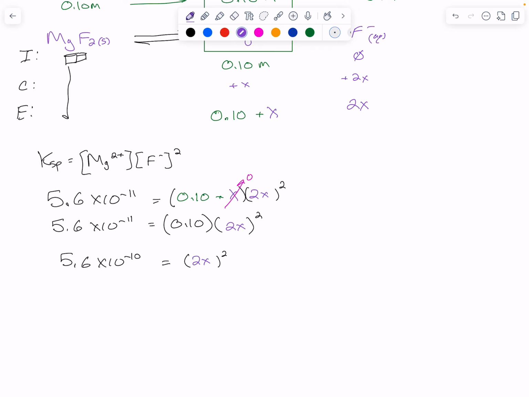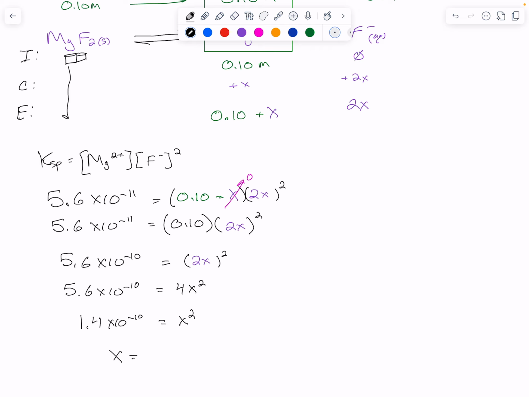Now this, again, take your time here. 5.6 times 10 to the negative 11th equals, this becomes 4x squared. Divide both sides by 4, and we get 1.4 times 10 to the negative 10th equals x squared.